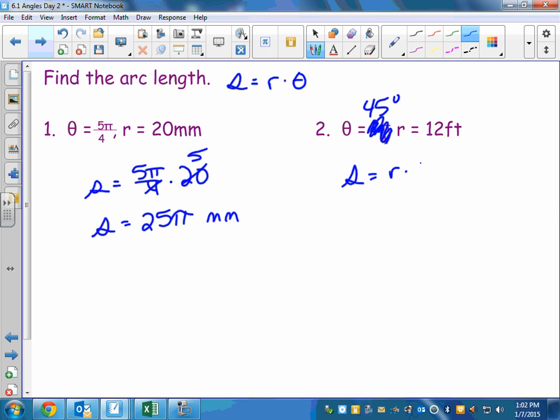So when you do r times theta, you have to make sure you change 45 degrees to radians. If you don't know what 45 degrees is as radians, you could just take 45 degrees and multiply by pi over 180. Or that's just pi fourths is what 45 degrees is.